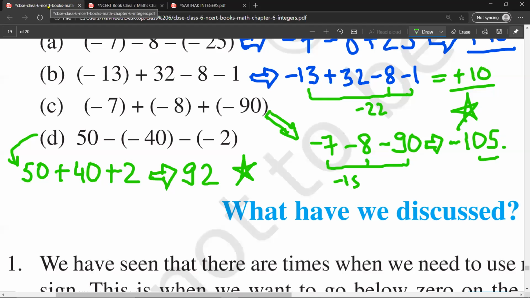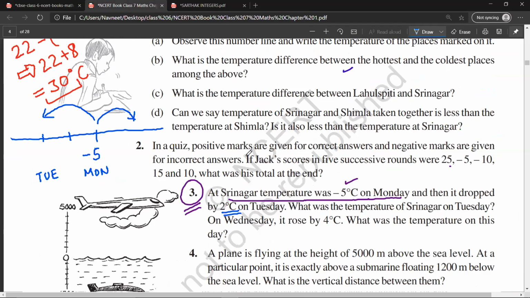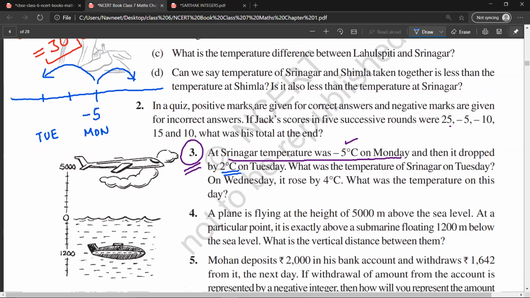Okay, so let us look at this example now. On Monday, the temperature was -5. Then it dropped by 2 on Tuesday. So this temperature would be -3.